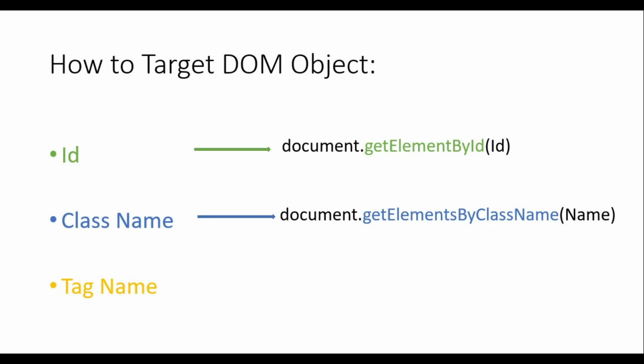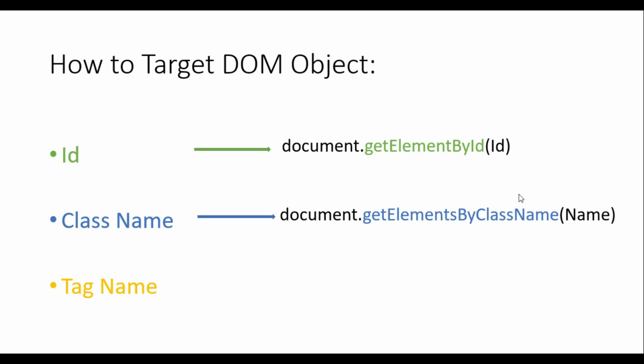Here you can see in ID we have getElement and in class we have getElements, because if you know the concept of HTML and CSS, we can only have one ID with the same name in our web page, but we can have many classes with the same name. That's why we can say getElementsByClassName, but we cannot say getElementsById, because we only have one ID in a single web page.